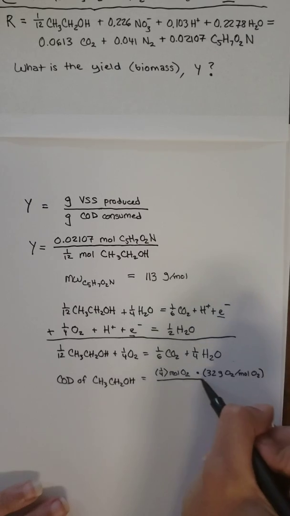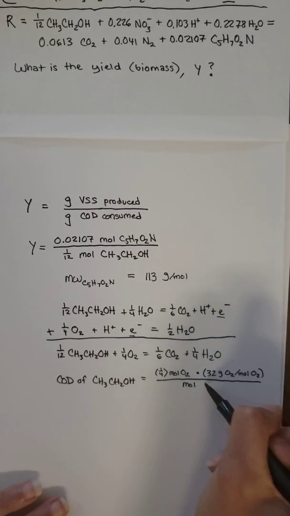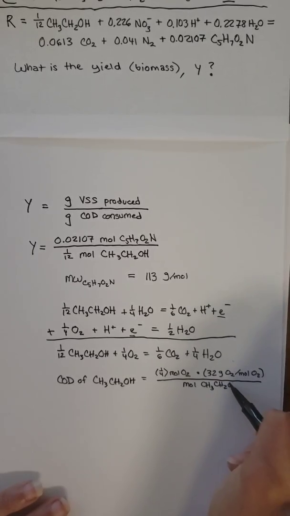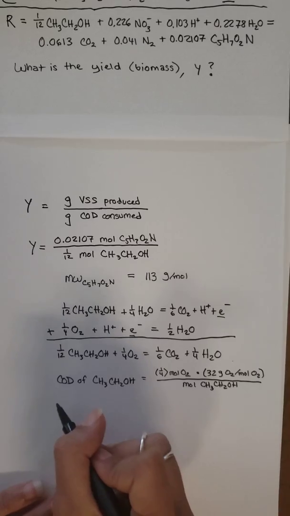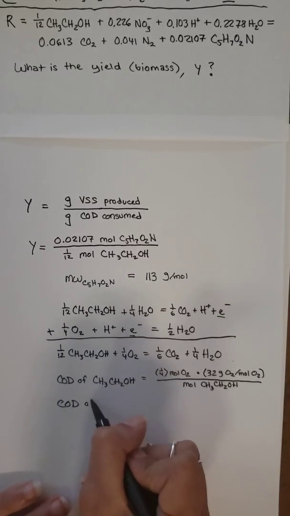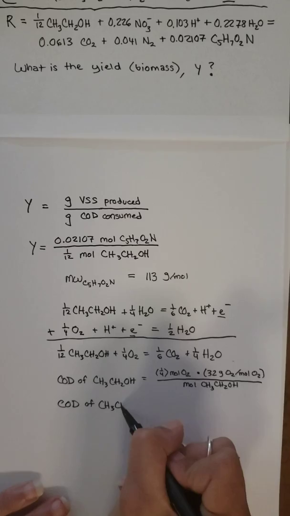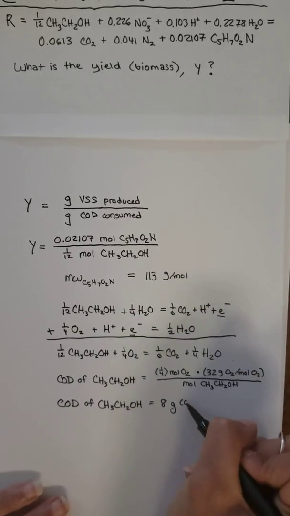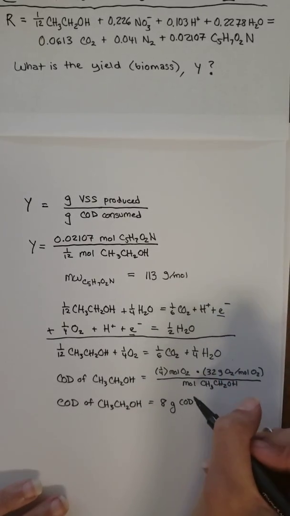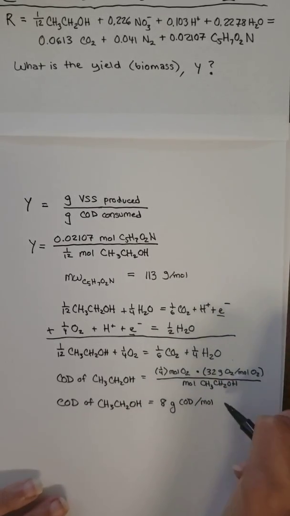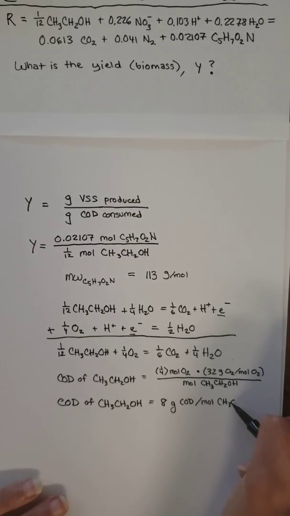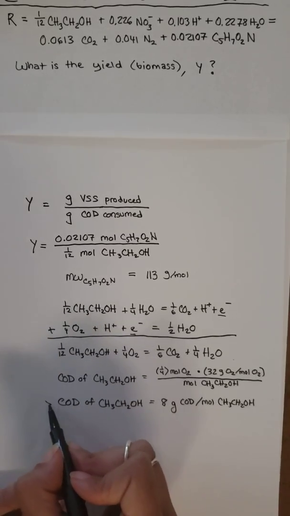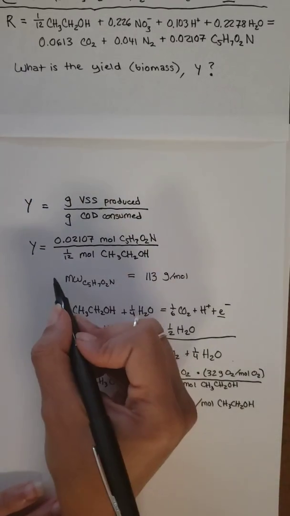Then all of this per mole of ethanol. And so if we do that calculation, our COD of our ethanol is equal to 8 grams COD, or 8 grams of O2 required per mole of our CH3CH2OH ethanol.